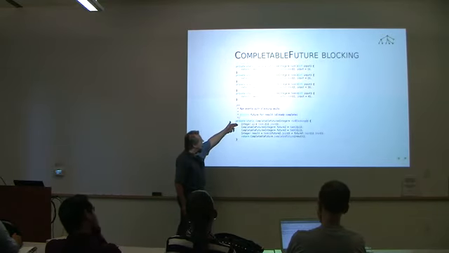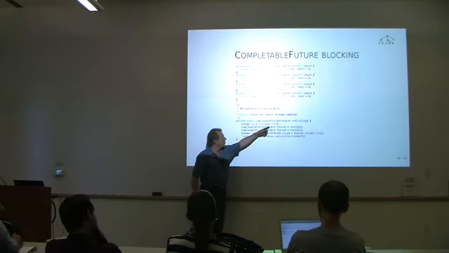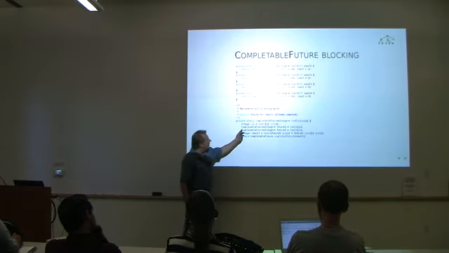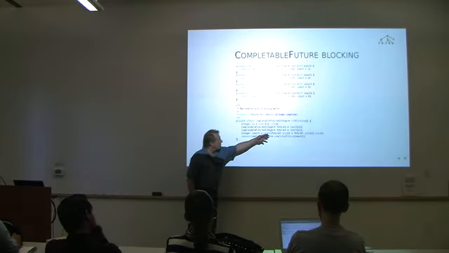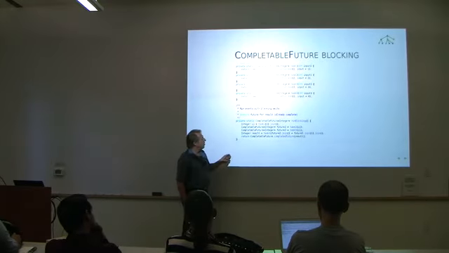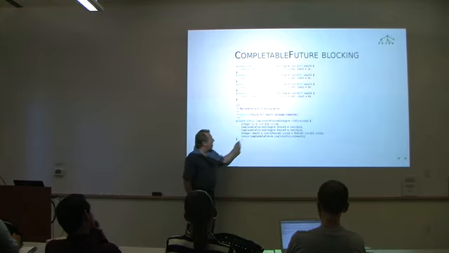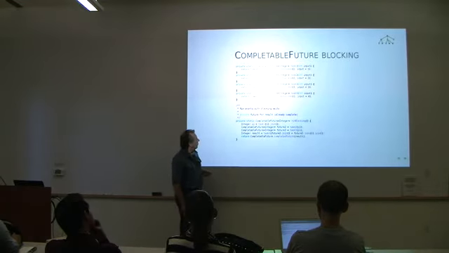What it does is it gets the result of task 1 by doing a join. Then it creates task 2 and 3 and does a join on each of those to get the results, and sends that result to task 4, and then returns the result of that one.